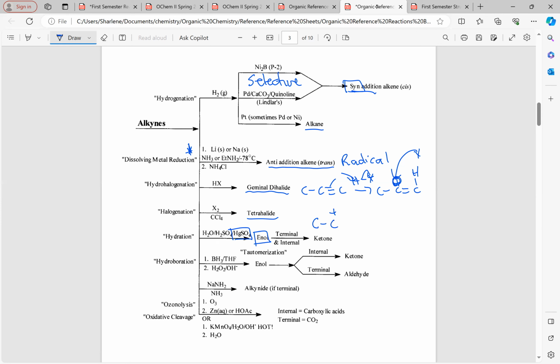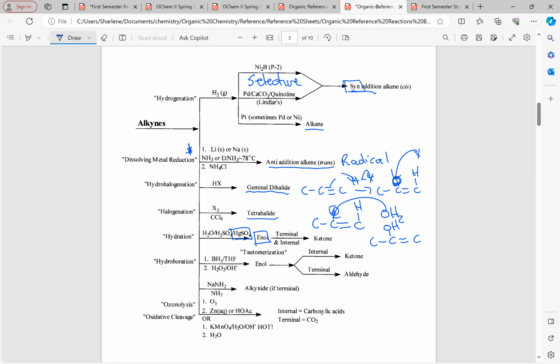I have broken the pi bond and I've put my hydrogen on, and my nucleophile is going to be water. But guess what? I have an OH on an alkene, and that really doesn't exist. That is really a ketone or a carbonyl in disguise. Okay, so there's hydration of an alkyne.